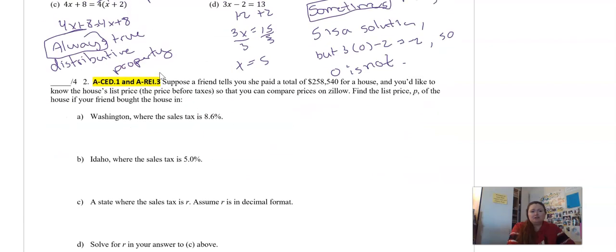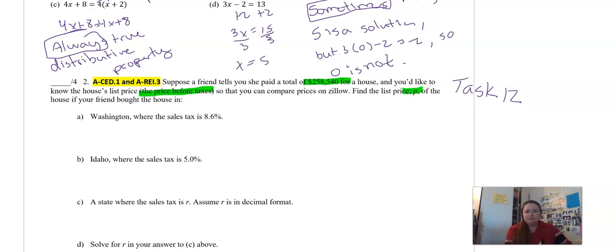Number 2 is definitely more difficult, and this is actually the same thing as task 12, just different numbers. So if you struggled with task 12, you might look at this to help you with that. So we've got, suppose a friend tells you they paid a total of $258,540 for a house, and you'd like to know the house's list price, so the price before taxes, so that you can compare prices on Zillow.